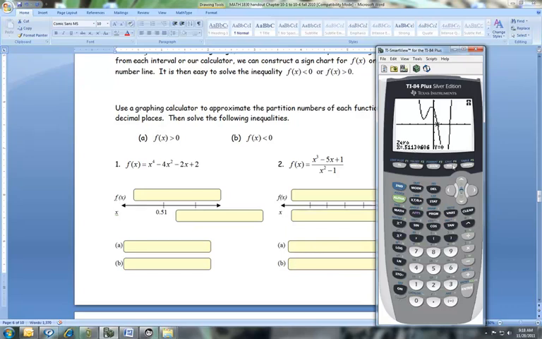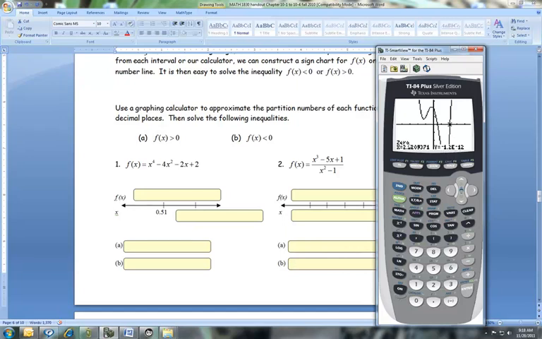So second trace for number 2. Now this one, it looks like it's very close to an x value of 2, so I'm going to type in 1, type in 3 to set my boundaries, and remember, I do not guess. This right here is what I call Oz, the obnoxious 0.